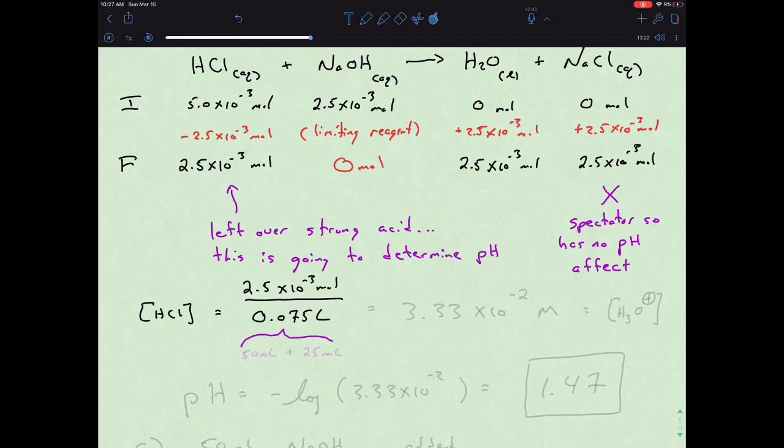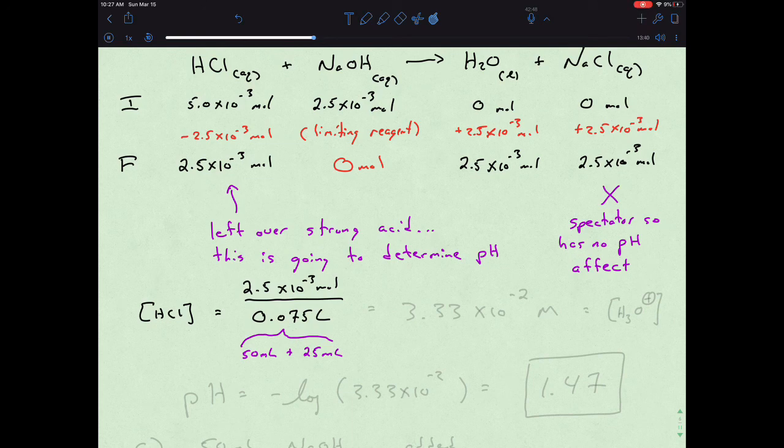The 0.075 liter comes from the 50 milliliters of the HCl that we began with, plus the 25 milliliters that we've now added from the sodium hydroxide titrant addition.